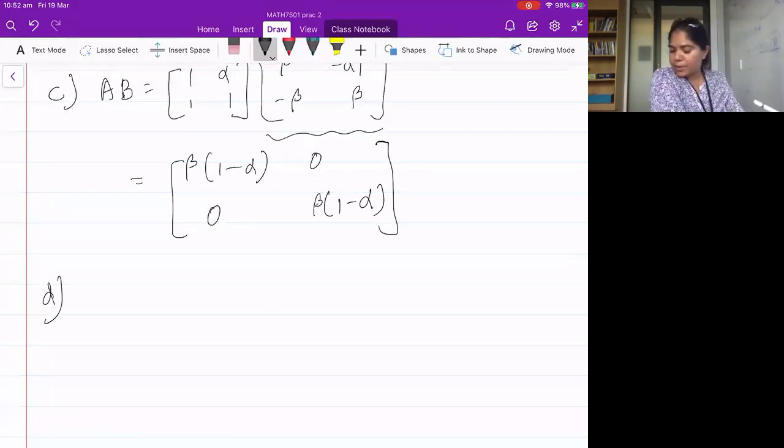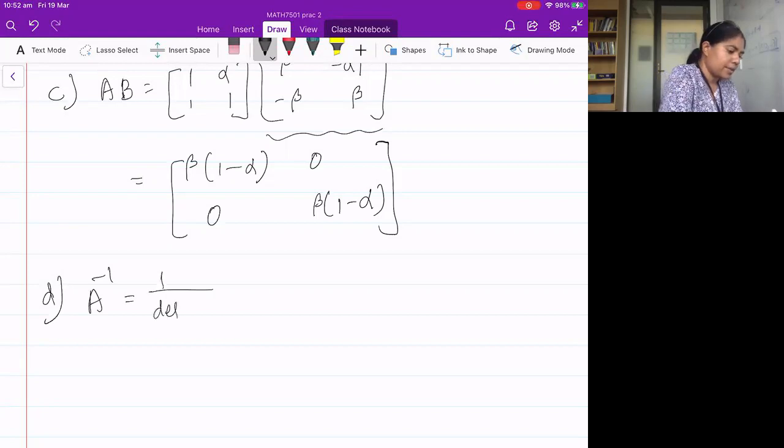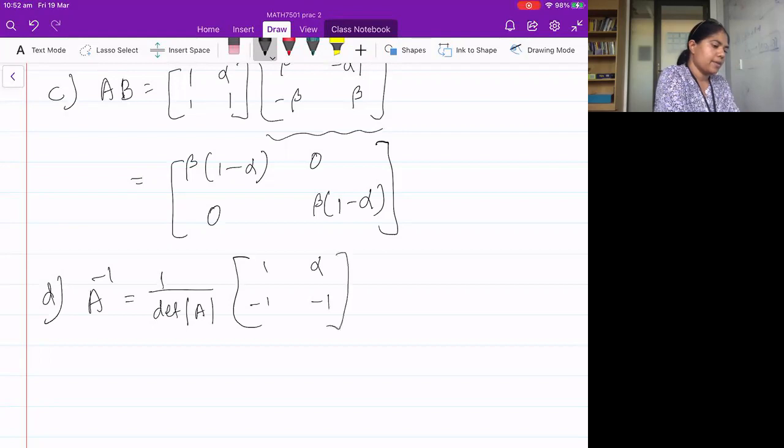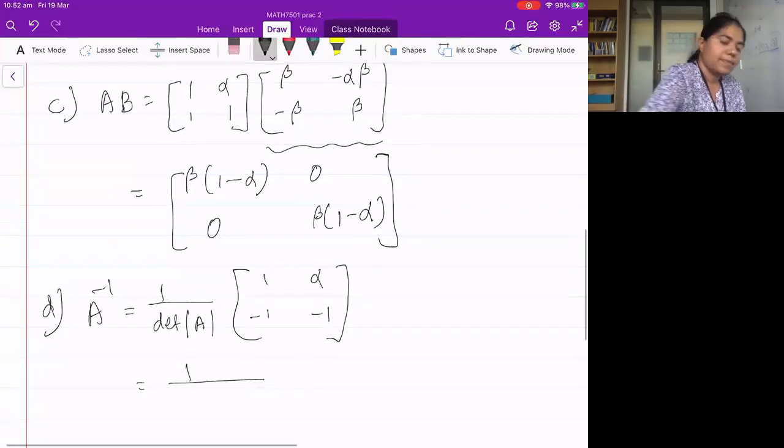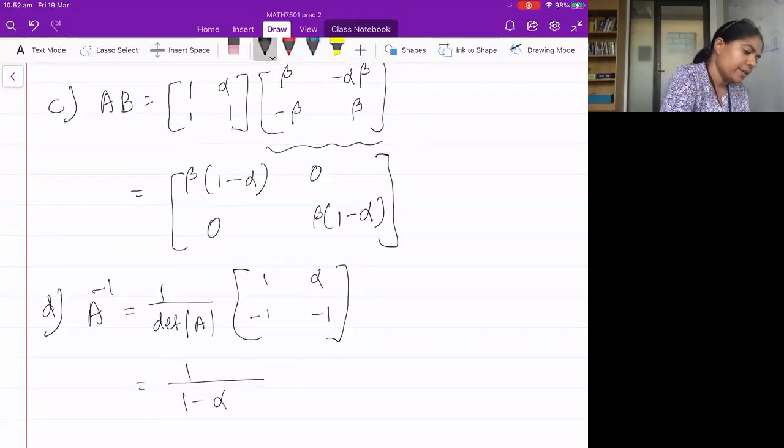So what you can do is first compute A inverse, which is equal to 1 over the determinant of A, times [1, -1; alpha, -1], where the determinant of A is 1 minus alpha.